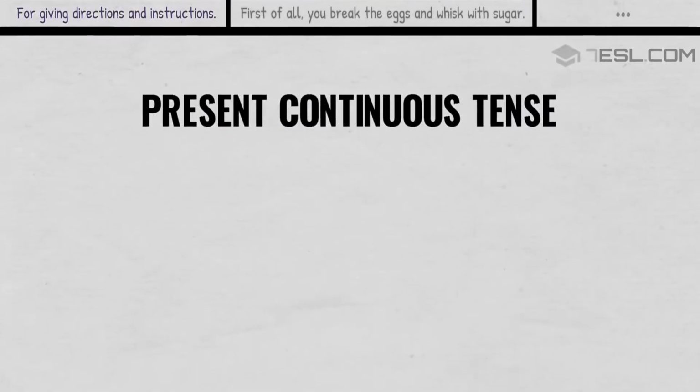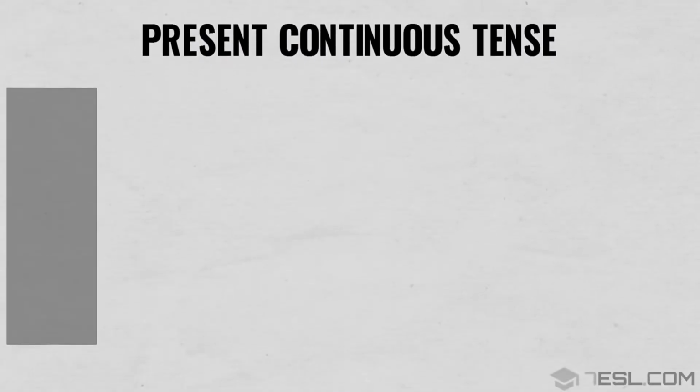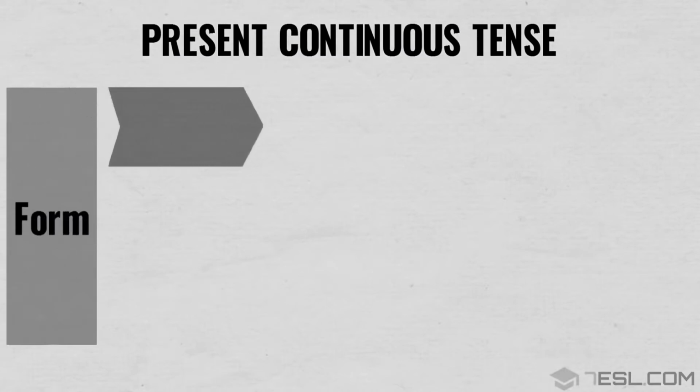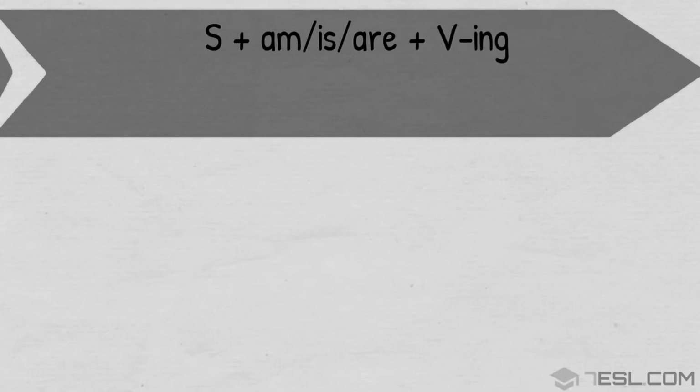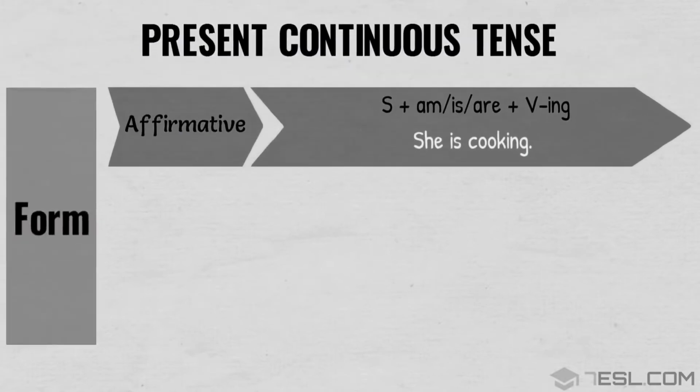Present continuous tense. Form. Affirmative. Subject plus am, is, or are plus verb-ing. She is cooking. Negative.